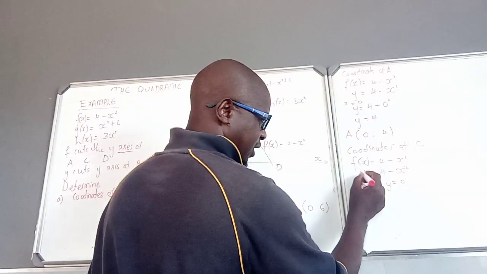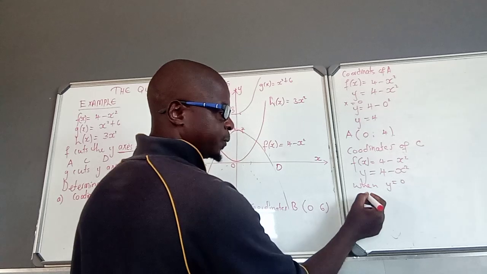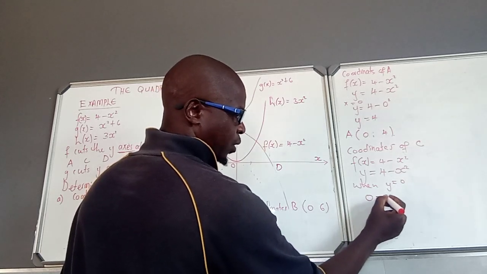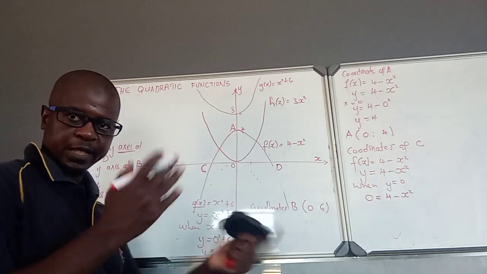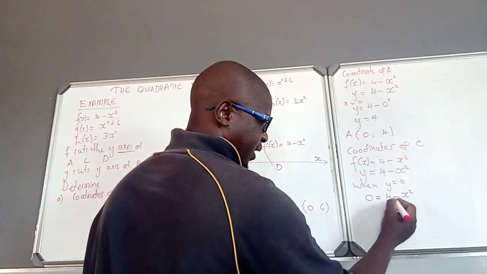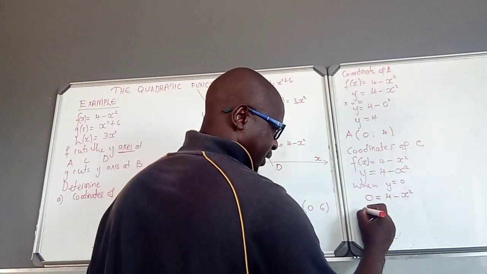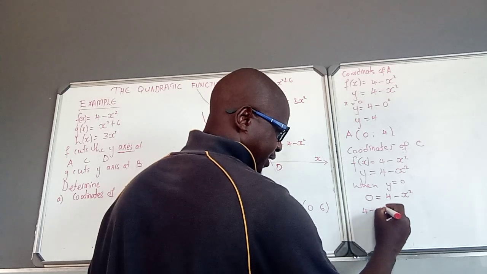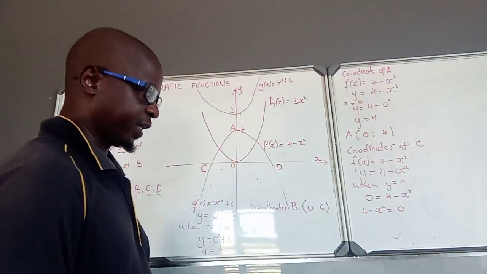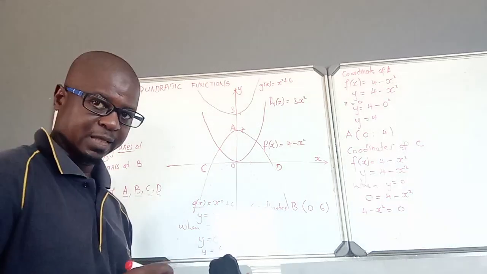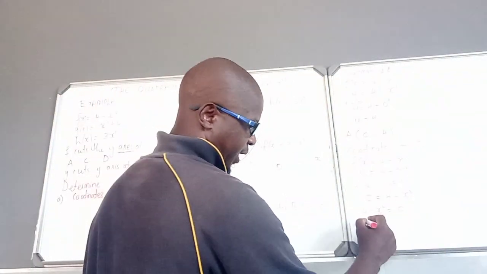So it means in this equation, we substitute y with a 0. We have 0 is equal to 4 minus x squared. And for the sake of working, we can take this to this side, which is 4 minus x squared is equal to 0. Okay, this is actually a difference of 2 squares.